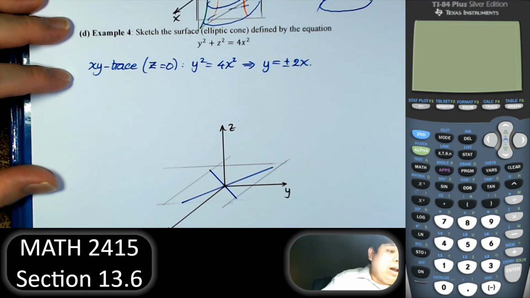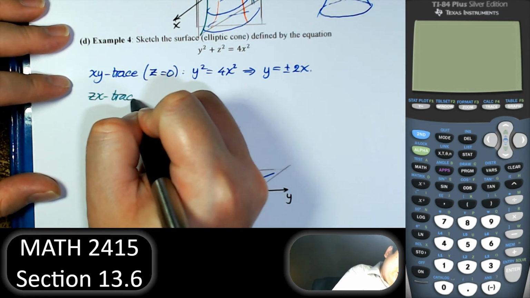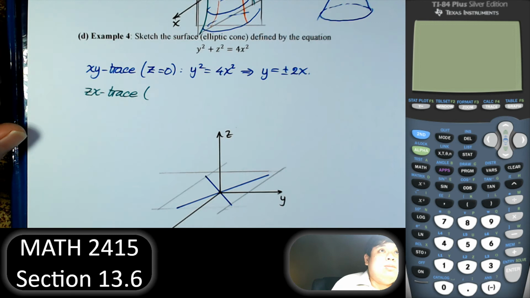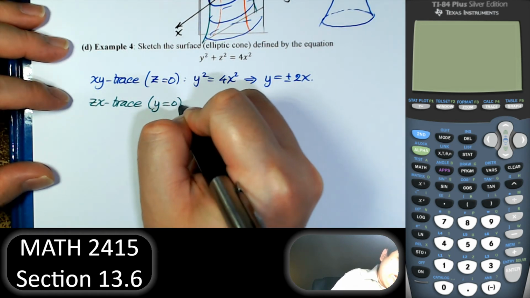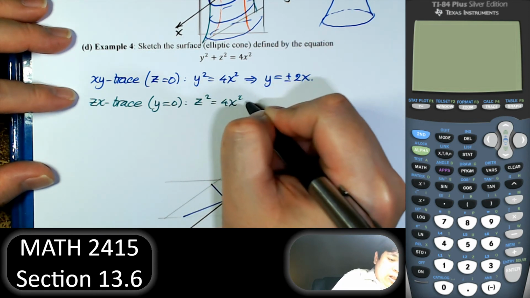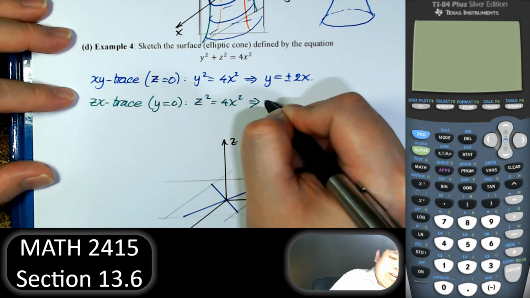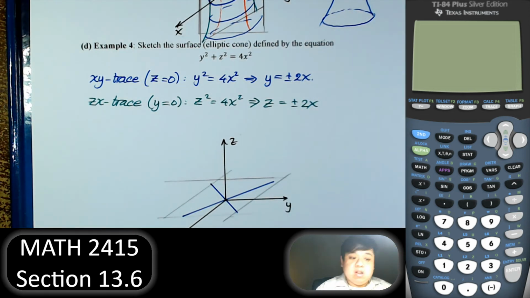Right. Next, the zx trace. The zx trace is when y equal to 0. Z squared equal to 4x squared. Similarly, that gives us z equal to plus or minus 2x. We take the square root on both sides, that plus or minus.